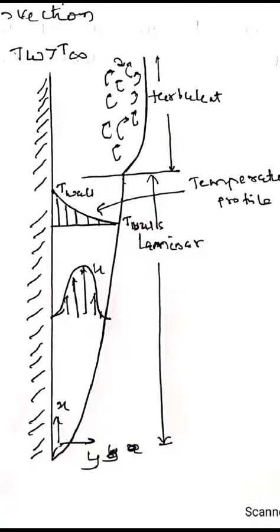The fluid particles near the plate are heated and their density decreases, whereas the fluid particles at some distance away from the plate are cold, and their density is more.